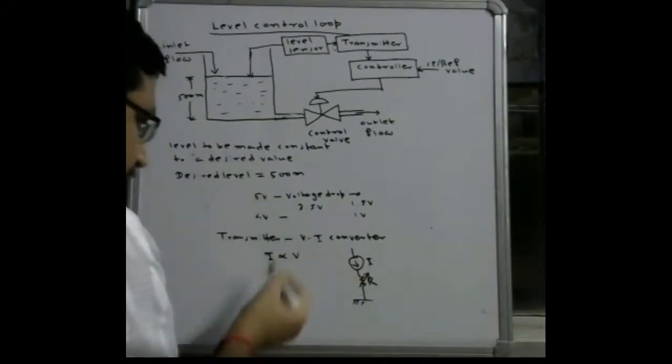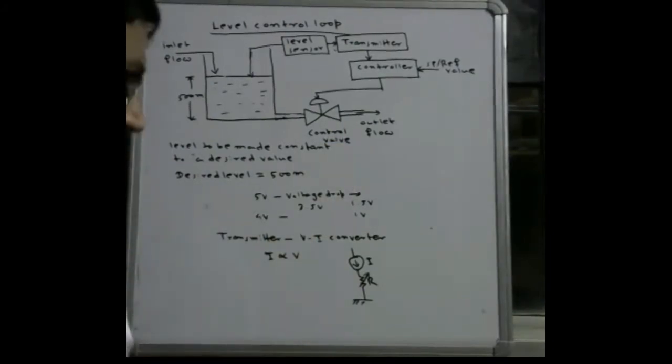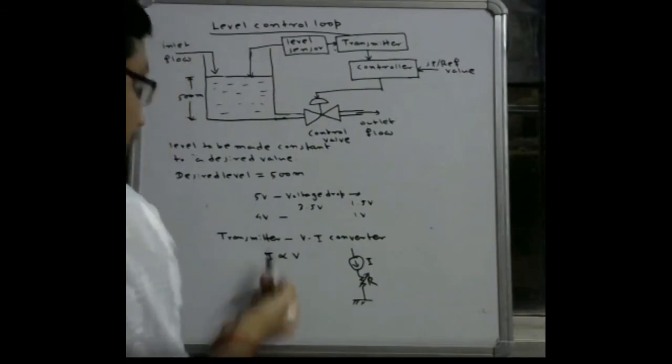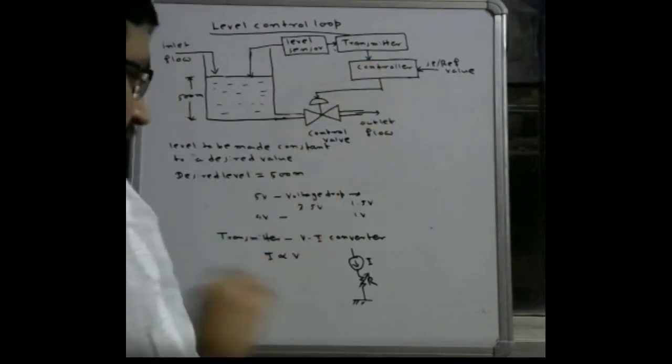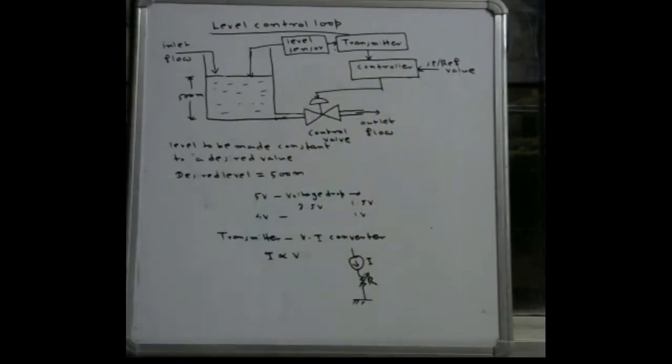So the same thing is happening in this case. Also there is a change in the conductor resistance or the cable resistance, but there will be no change in the current. So this current will be transmitted as it is towards the controller.